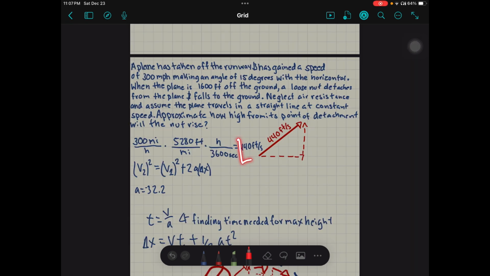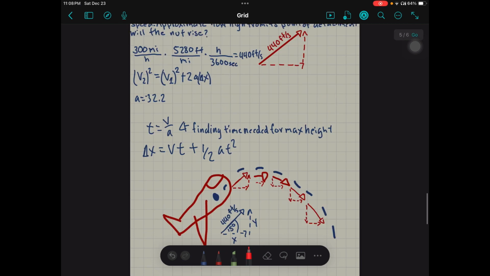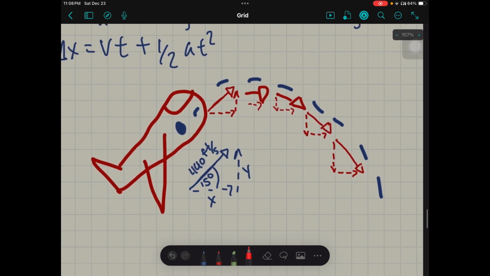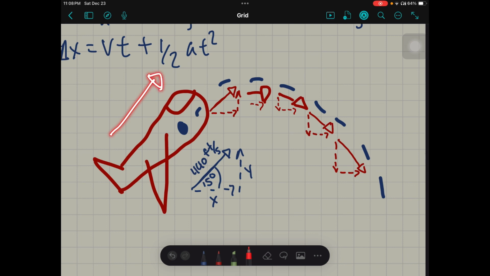So now that we have the 440 feet per second, we can look at what our problem's asking for. We're trying to figure out how high the nut will rise from its detachment point. Looking at a picture, we have the plane going at 15 degrees above the horizontal at a speed of 440 feet per second.